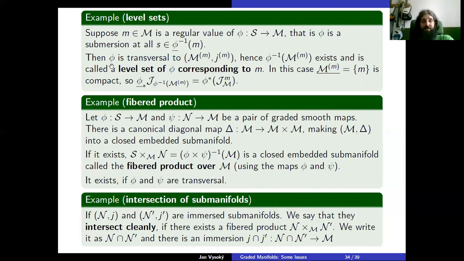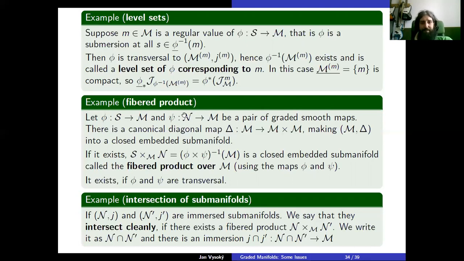Then one can show that phi is transversal to this singleton submanifold corresponding to point M. Therefore, its inverse image exists, it's unique up to diffeomorphism, and you can call it the level set corresponding to your M. In this case, the underlying set is just a single point, which is compact, so you can use this formula and you immediately know exactly what the ideal, the kernel of your embedding, looks like. It's just a pullback of the functions vanishing at the point.